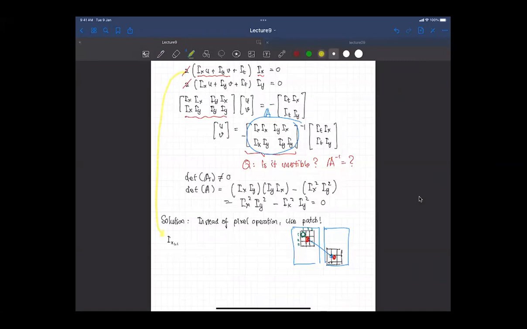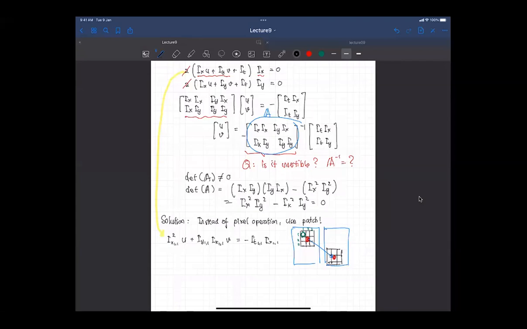I put x1, 1 for every pixel in the patch, and then I multiply it squared because you multiply with Ix. Then I have u plus Iy1, 1 multiplied by Ix1, 1 multiplied by v equals minus It1, 1 Ix1, 1.